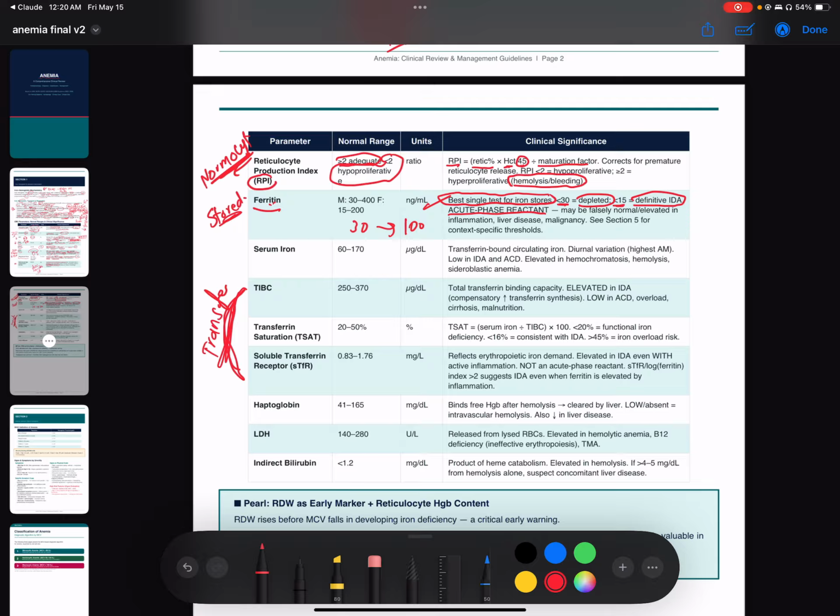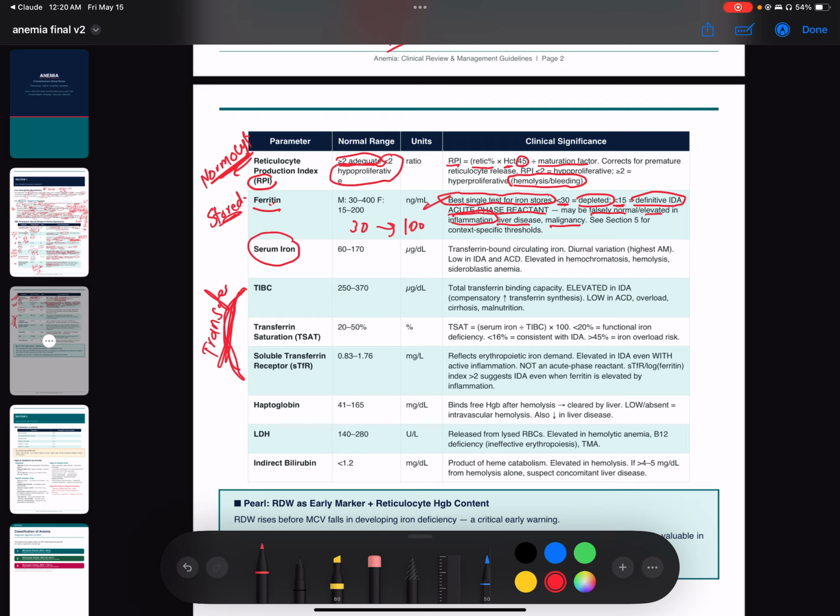So it's an acute phase reactant, so it can be falsely normal or elevated, especially in inflammation, and sometimes in liver disease and malignancy as well. We'll talk about this in later slides.